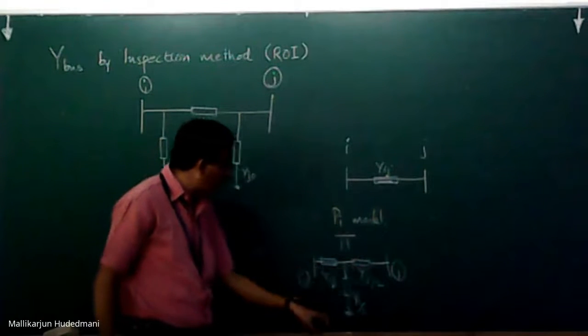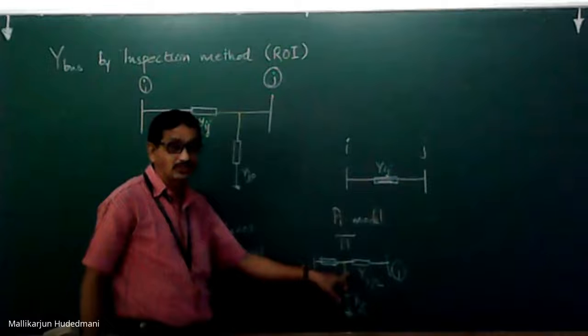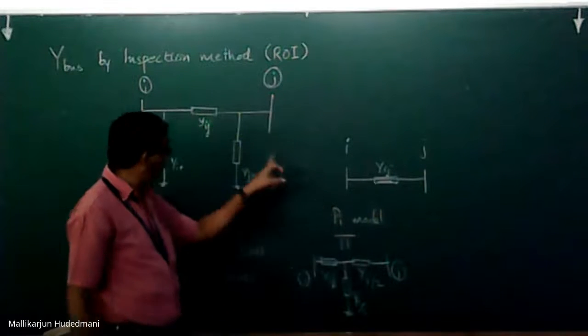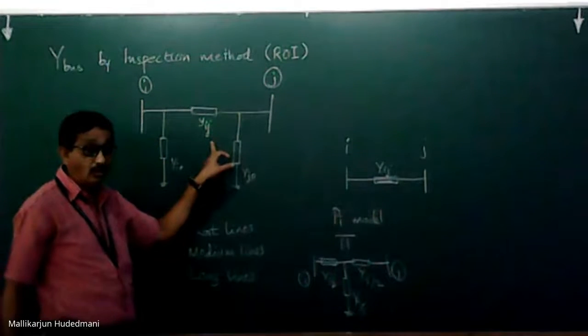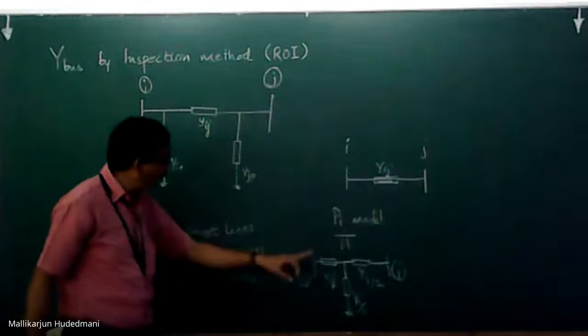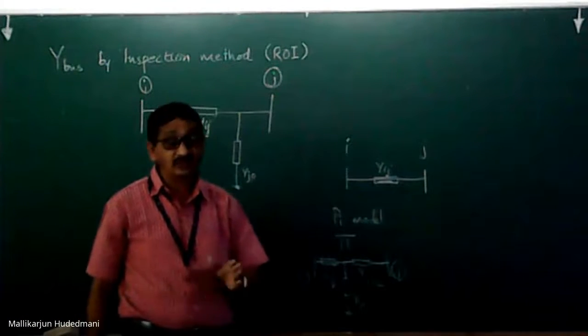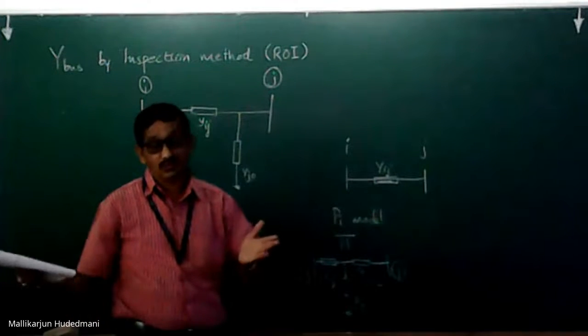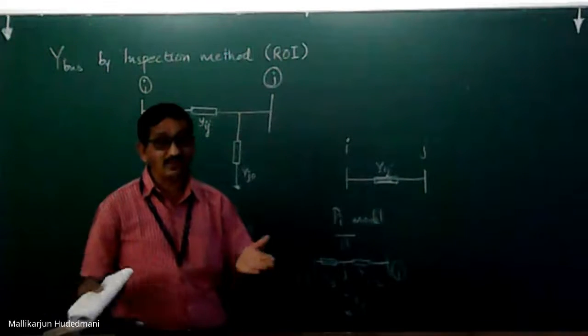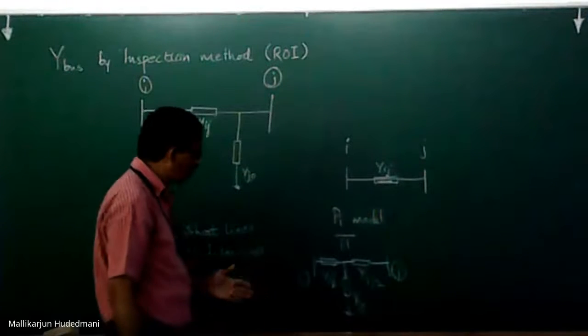This structure we call the T structure, and the other one which I have represented over here is the pi model. So the pi and T models are used to represent the transmission line for lengths of 60 km to 80 to 160 km, like a medium classification.